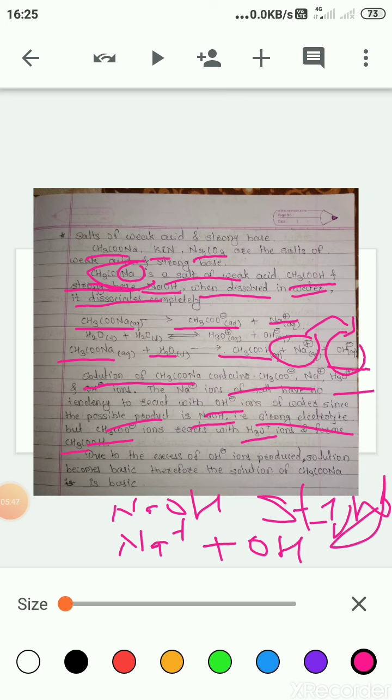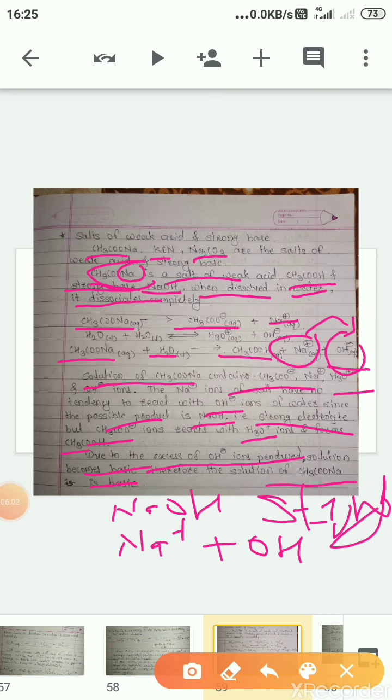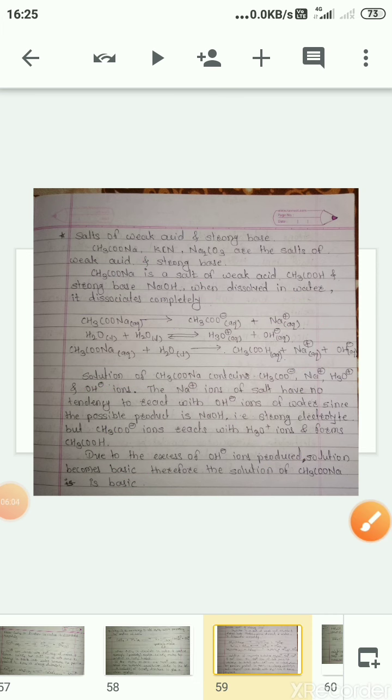And due to the excess of OH- ions produced in the solution, it becomes basic in nature, and therefore the solution of sodium acetate is basic in nature. Simply what we have to remember here, you can take any salt, whether it is sodium acetate or potassium cyanide or sodium carbonate.